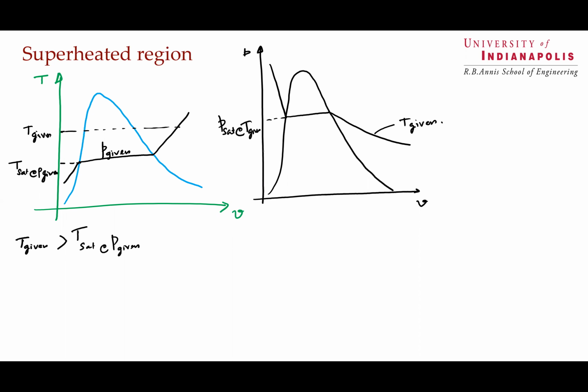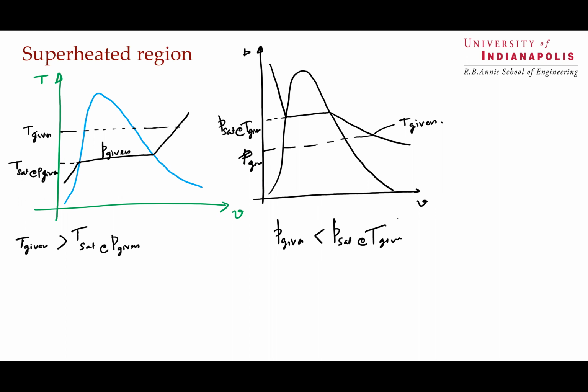So if you have P given less than P sat at T given, that means P given is less than P saturated at T given. That's the superheated region.